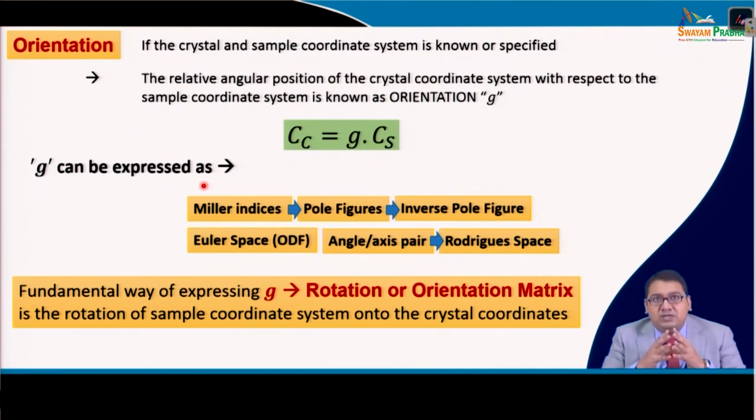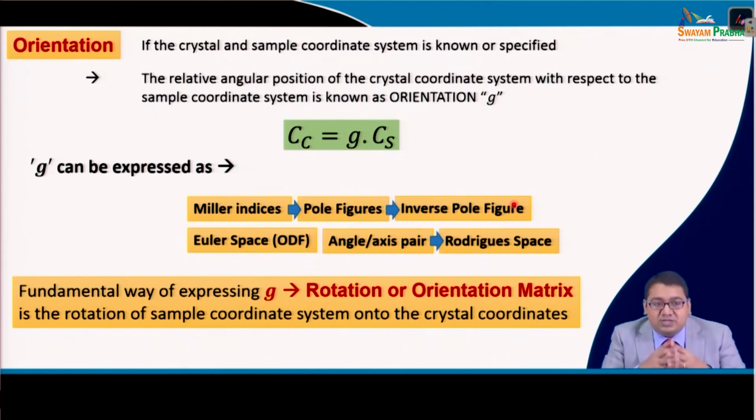We can use Miller indices like planes and directions to show it, and we have discussed it in an earlier class. In texture, Miller indices are shown using two tools: pole figures and inverse pole figures.